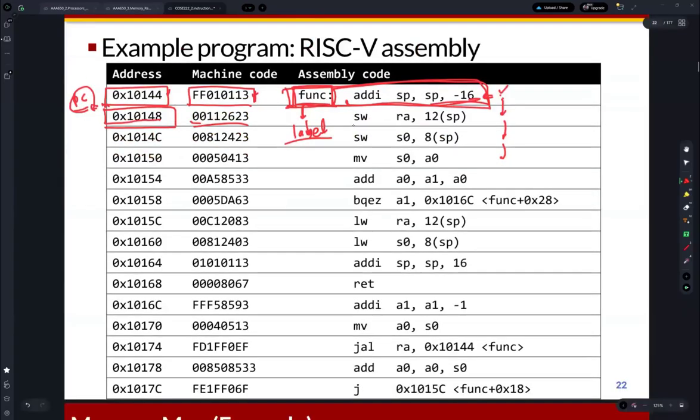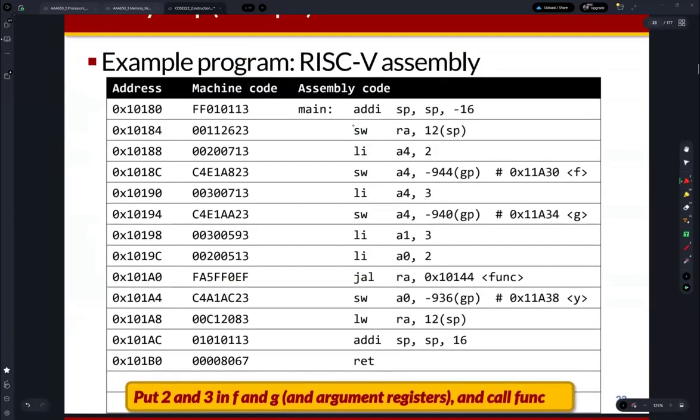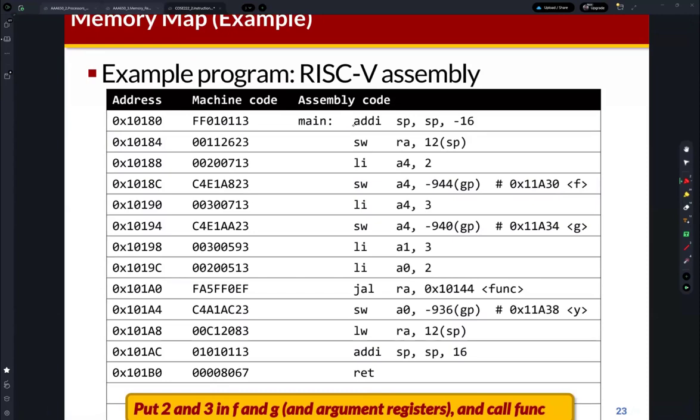Okay, so you can find the main function here. You can find another label, main. And this is the address of the first line, the first instruction of the main function. So actually this is the machine instruction.